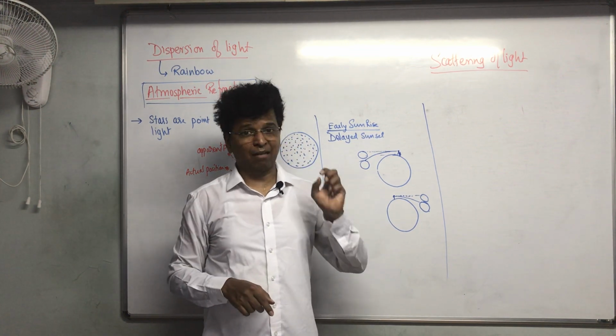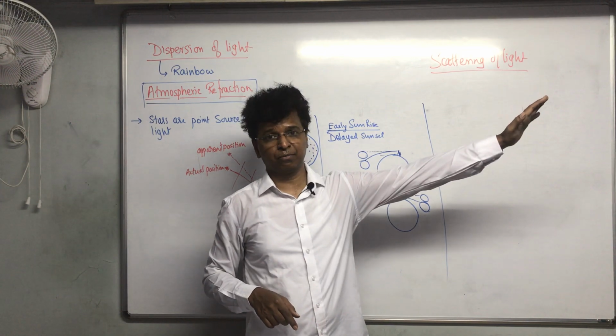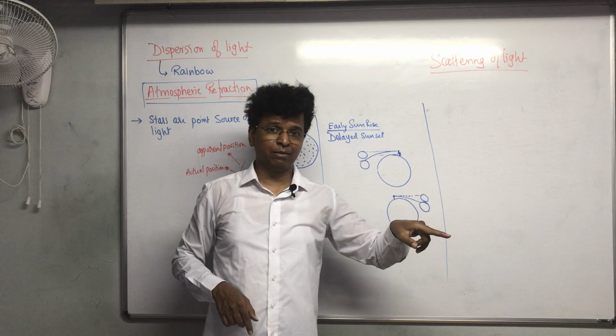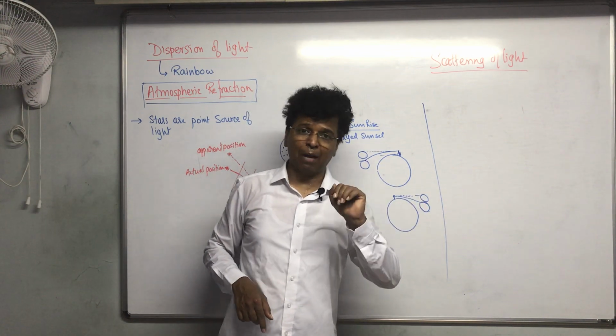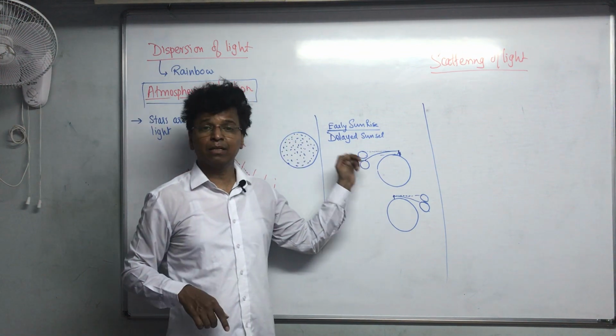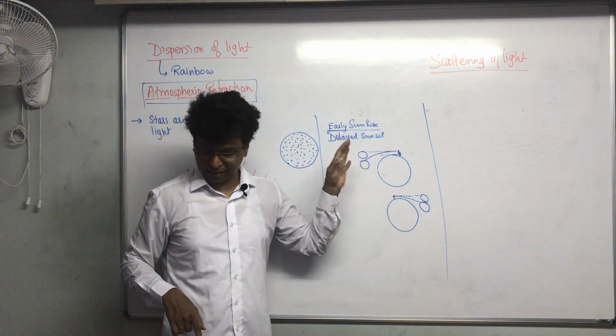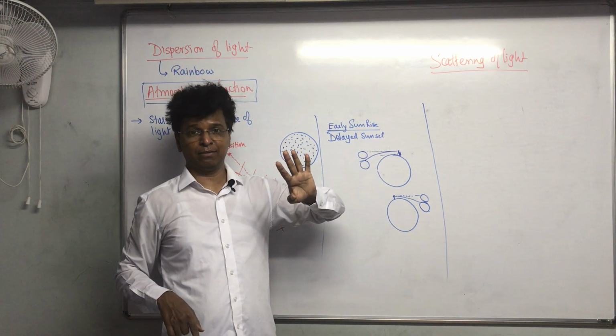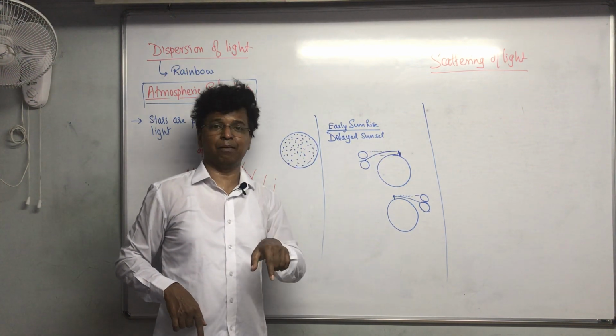So red light travels the maximum distance. Red light travels the maximum distance compared to the blue light. Are you getting? Now what happens? Why does the sun appear red during the sunrise, and the same sun when it is overhead, at that time it is not red? The reason is the same.